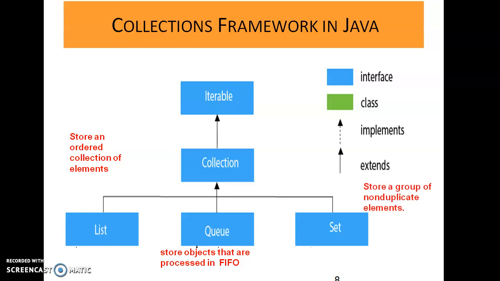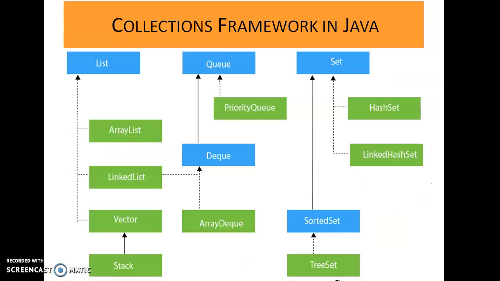Sets store a group of non-duplicate elements. One thing is very important about set, it will not allow duplicate elements. So these three interfaces, list, queue, and set, are extending collection. These three interfaces will be realized by concrete classes, which we'll look at in the next slide. So first we'll take list.